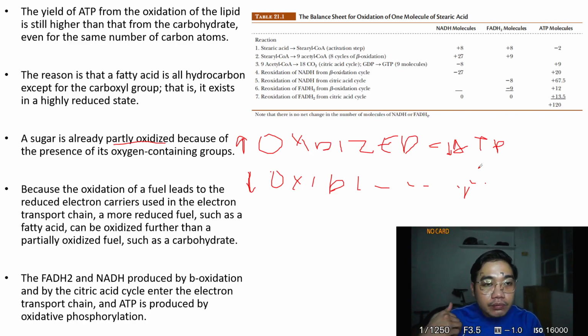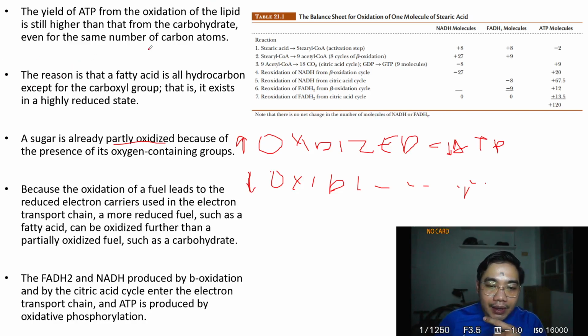And if there are more opportunities to oxidize, then there is more ATP formation. But if the substance is already partly oxidized, then there are lesser avenues for oxidation, thus leading to an overall lower ATP yield. So that's the concept.